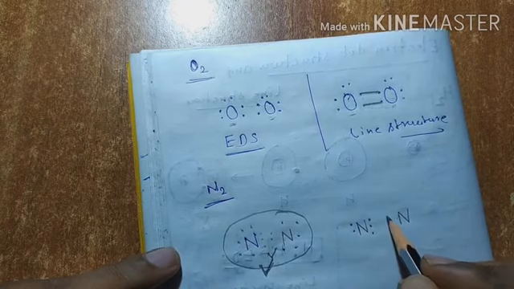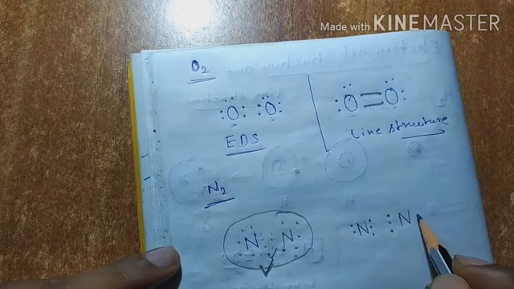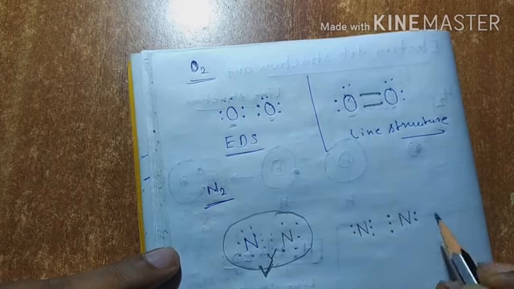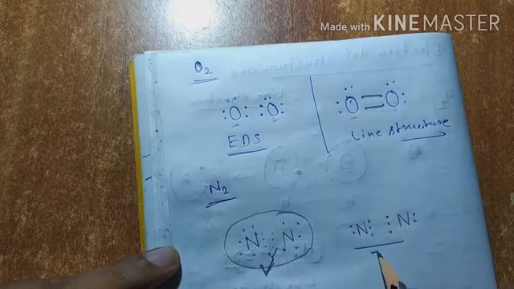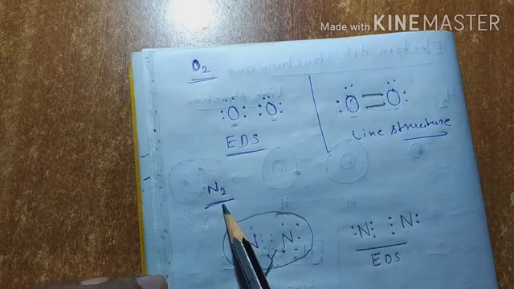Again 1, 2, 3. You can put 2 electrons here, no problem at all. So this is the electron dot structure of nitrogen molecule, right?